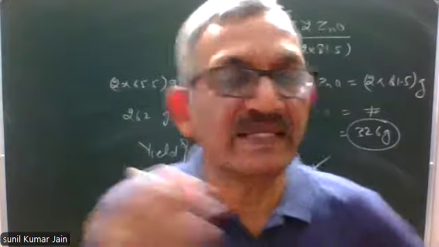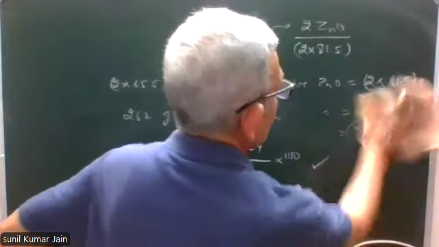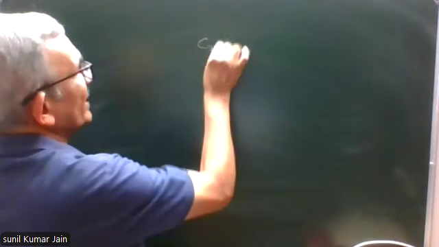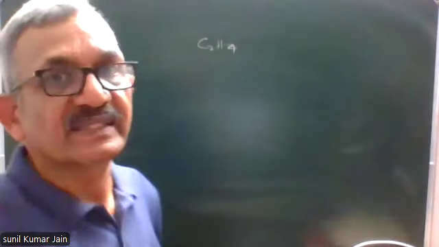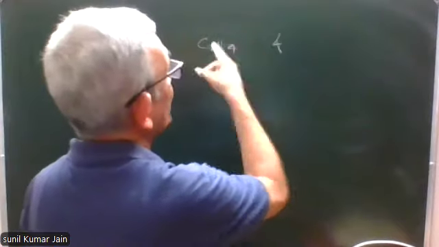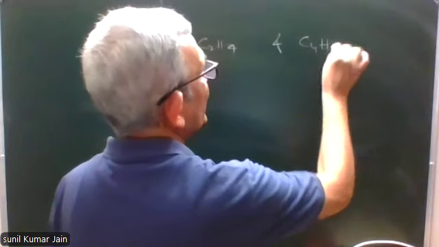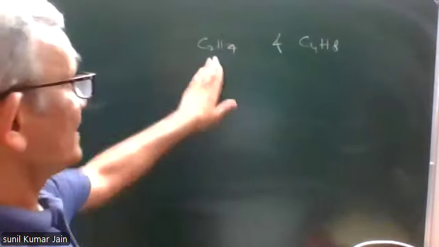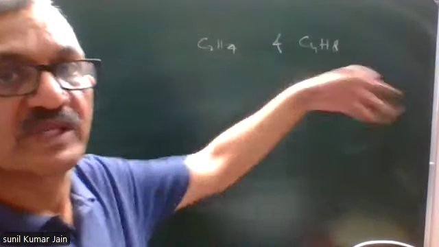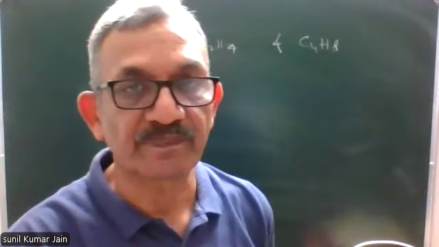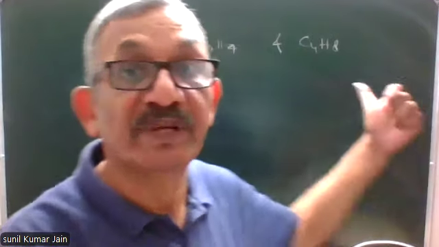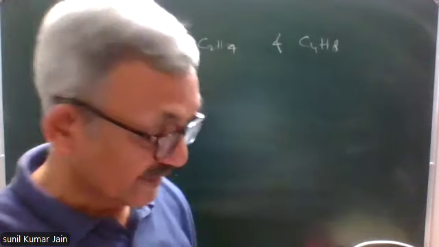You think of an alkene, let us say C2H4. This is ethene, and double of this will be C4H8. This is ethene, this is butene. Both have the same percentage composition, right? Because empirical formula is same.